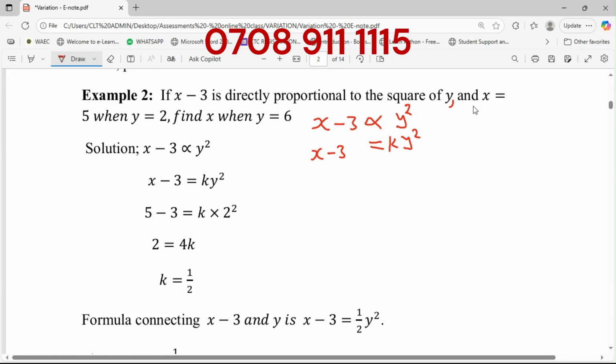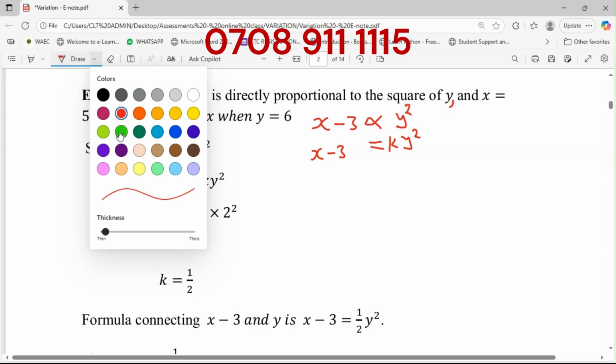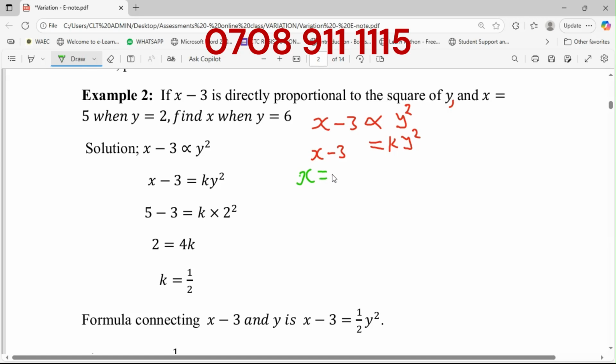So let's go there. It says x equals 5 when y equals 2. So I'll come back to this equation now. Anywhere we see x, we put 5.